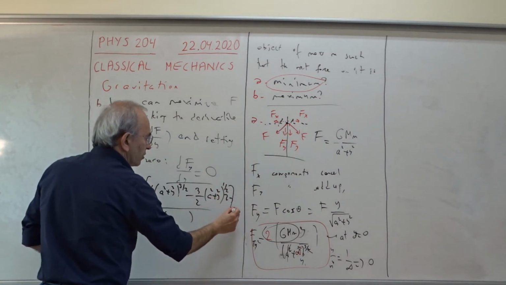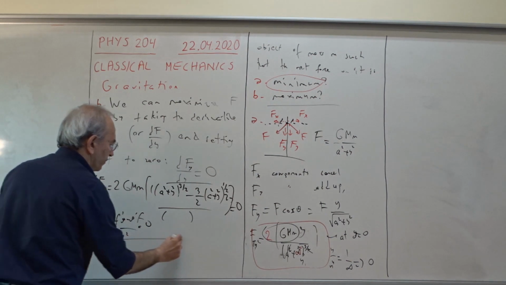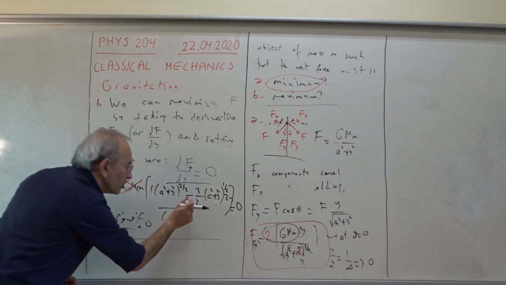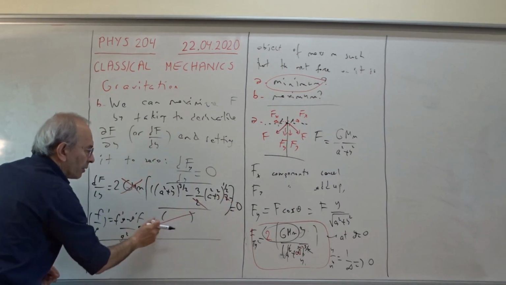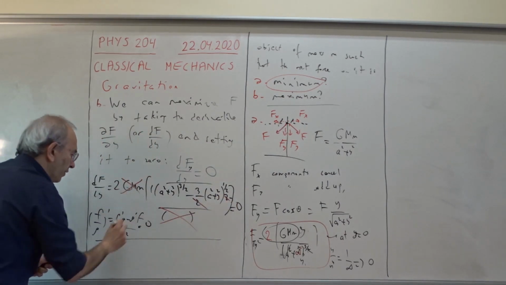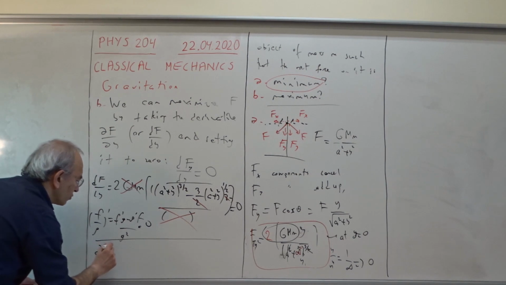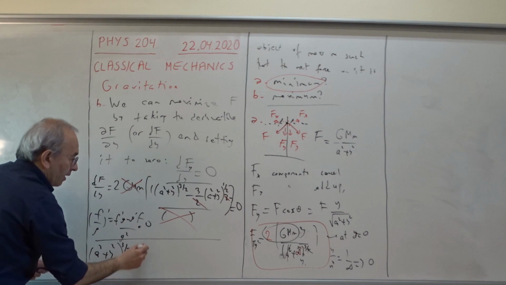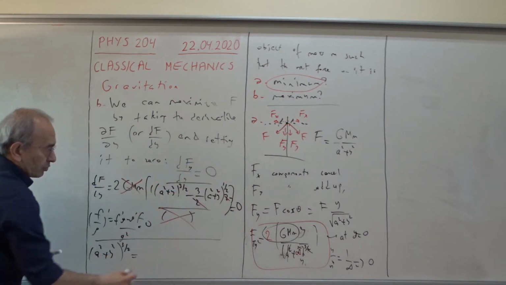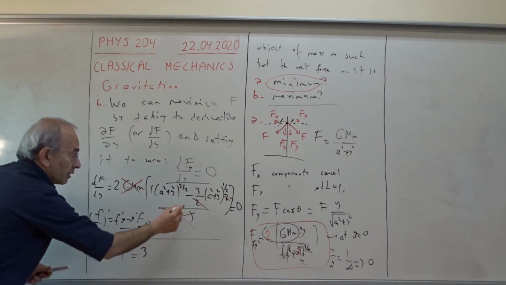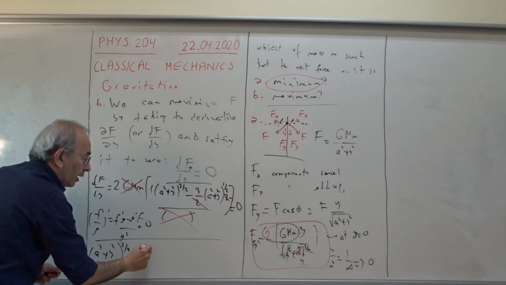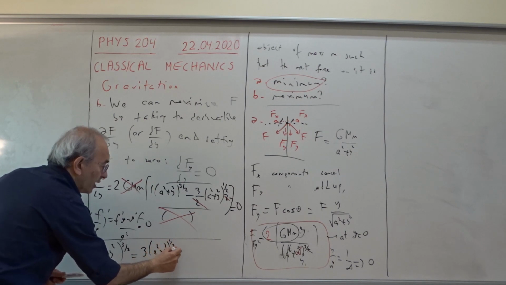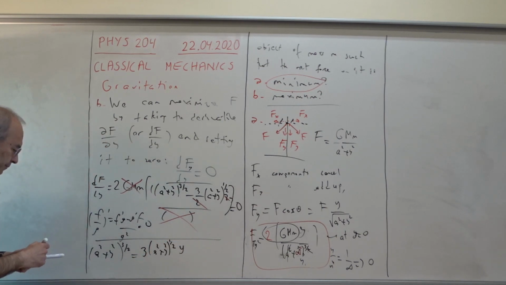So totally this has to be equal to 0. Forget about this part, not important. These 2's cancel. So we have on the left a squared plus y squared to the power of 3/2 only. On the right we have, take it as a positive term, 3 times a squared plus y squared to the power of 1/2 times this y.